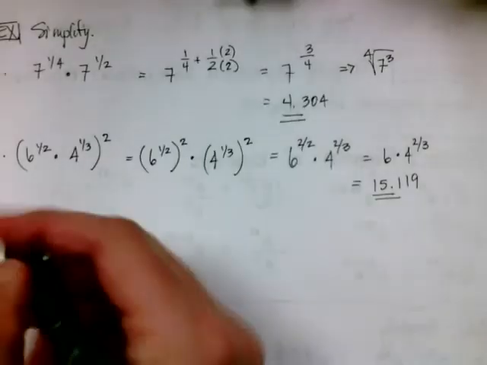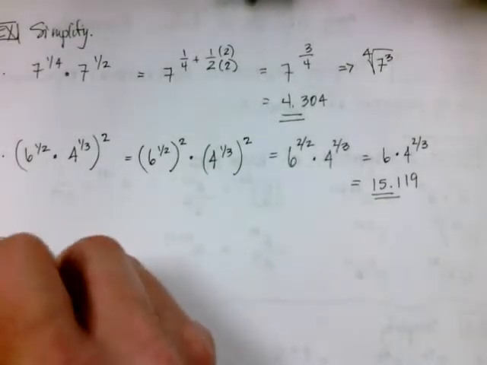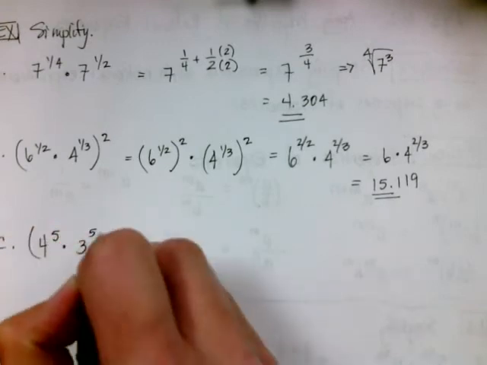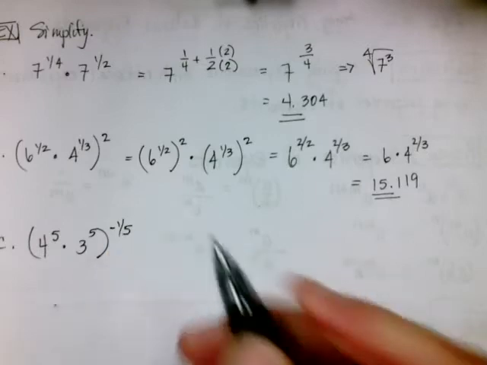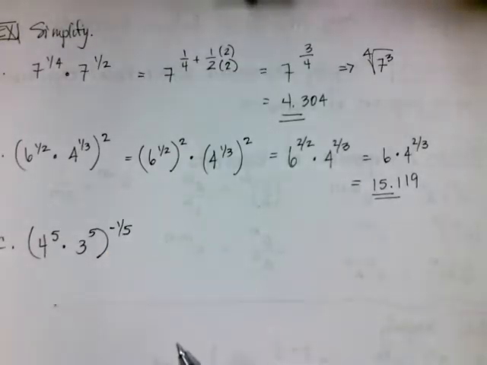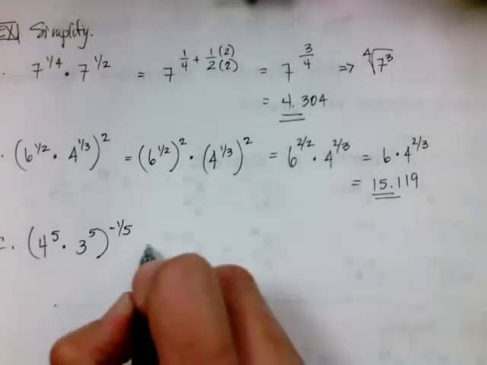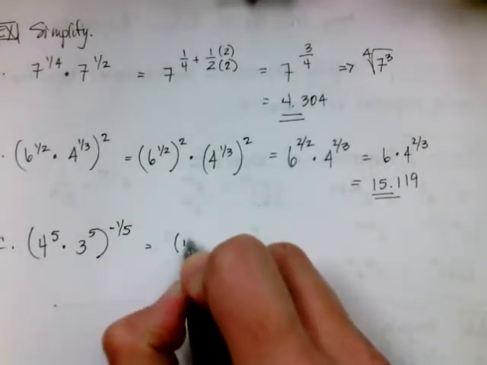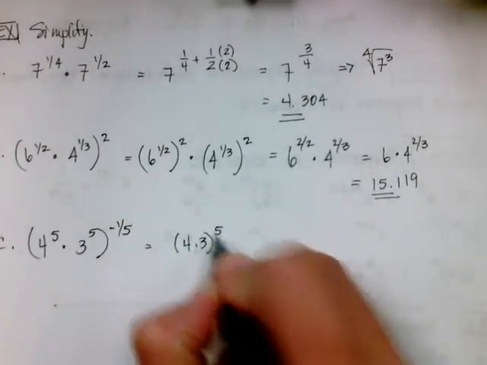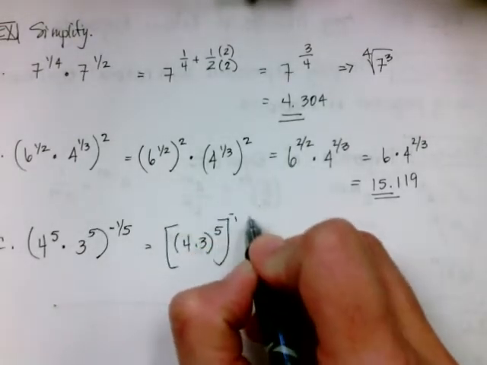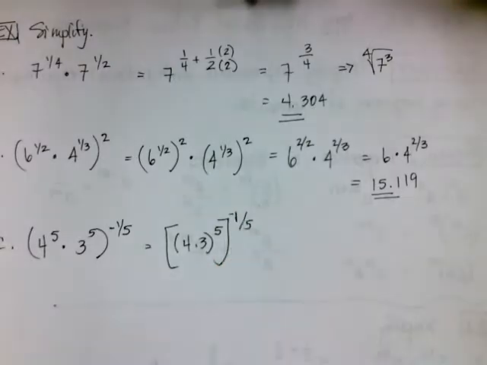All right. Next example, I'm going to have 4 to the 5th times 3 to the 5th raised to the -1/5. And I'm actually going to manage this a little bit different. Notice that both of the exponents are the same, but the bases are different. So now I'm going to do 4 times 3 raised to the 5th, and then manage that -1/5 on the outside.